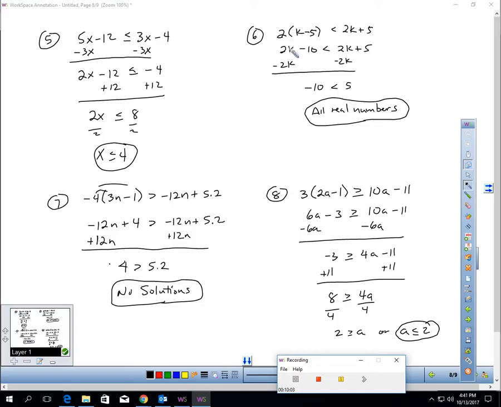If you have a question like number 6 where the variables completely cancel, if you have a true statement, the answer is all real numbers. But if you have all the variables vanish and you have a false statement, that's a no solution. So go ahead and pause, check these over, compare them to what you had. If you have questions and you're not sure how I maybe got one of these, bring that question to class.